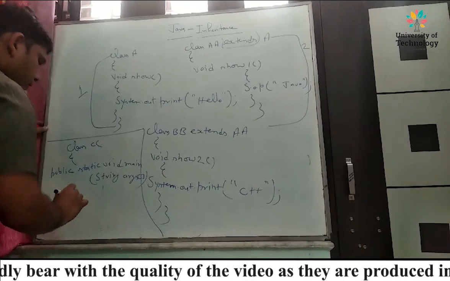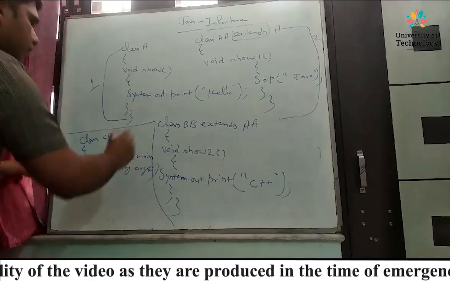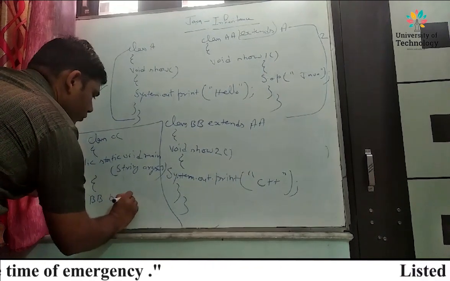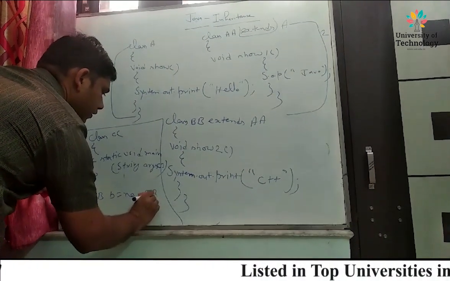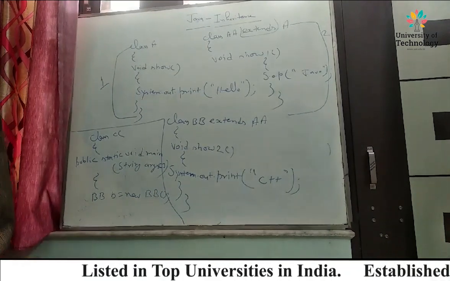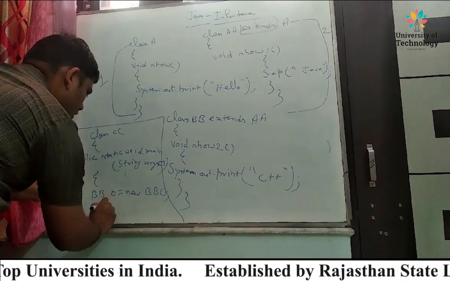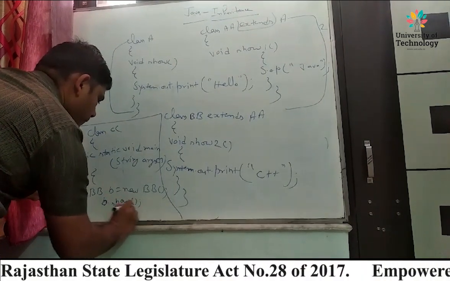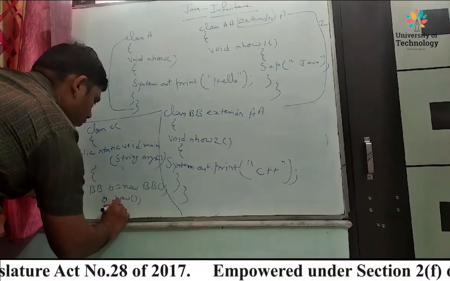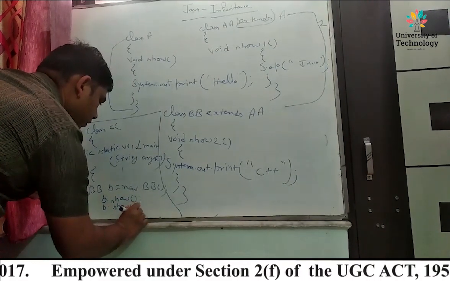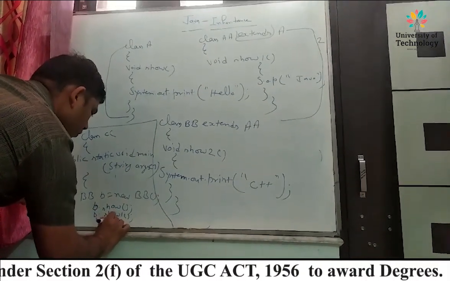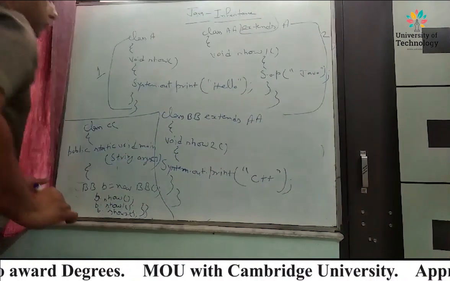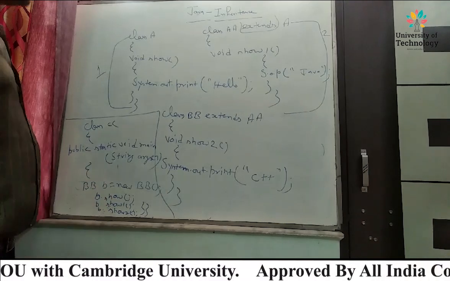Now we have to create an object of class BB: b equal to new BB. Then b.show, b.show1 and b.show2. This is called multi-level inheritance.